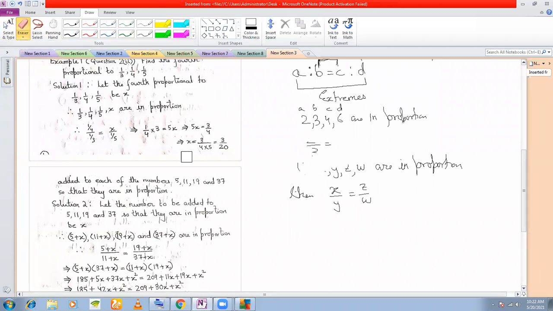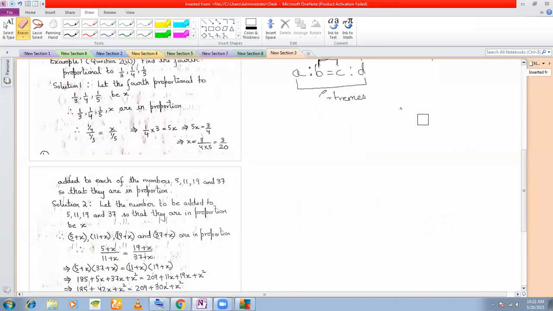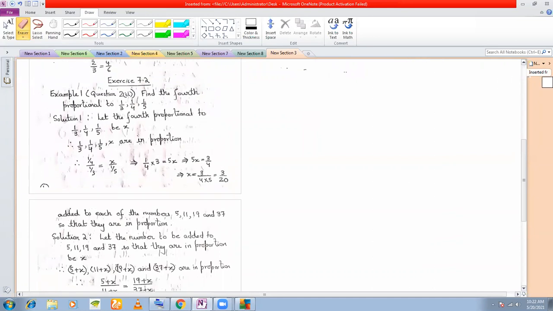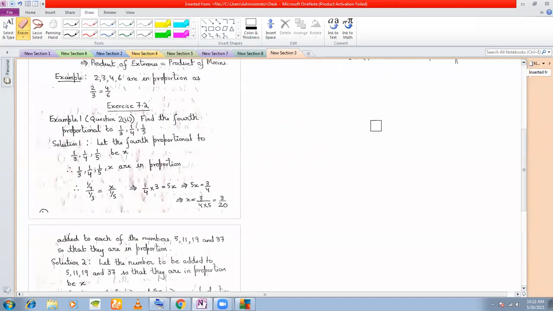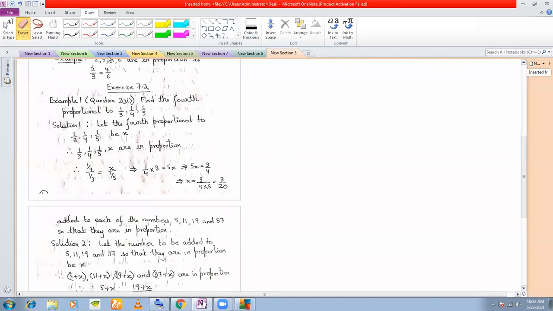Let's move on to an example based on proportion. Question is, find the fourth proportional to three numbers. The given numbers are 1/3, 1/4, 1/5.